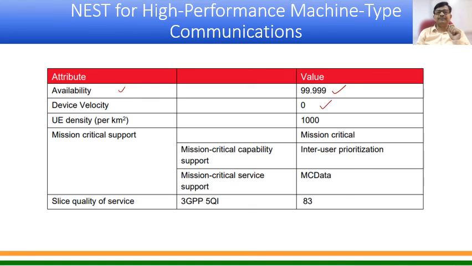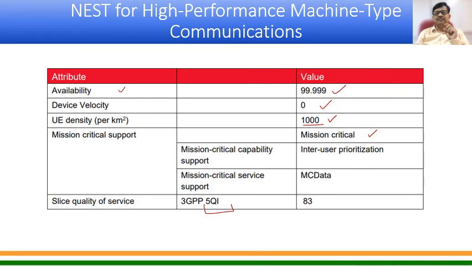Device velocity they have defined as 0. They are not expecting those devices to be mobile; those devices would be fixed. They have also decided the density: in 1 square kilometer, a maximum of 1000 such user devices would be there. And mission critical support, yes, they are saying mission critical. So these are various data, and which kind of quality of service.